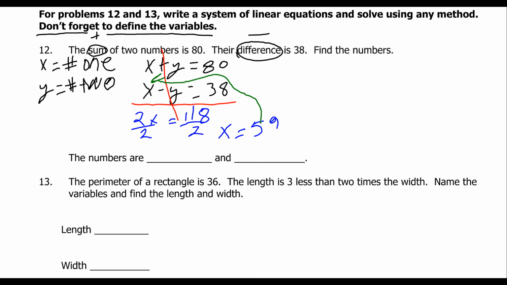Now, here, we're going to write that in blue. So we're going to have 59, okay, minus y equals 38. Okay, now I subtract 59 from both sides, okay, and negative y equals, okay, and when I do 38 minus 59, God, bro.